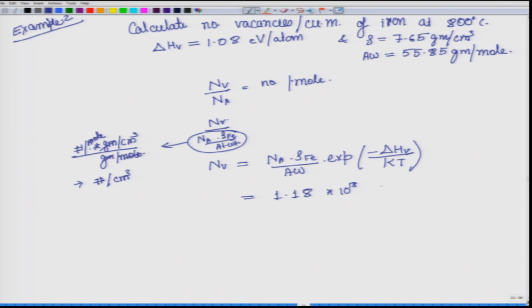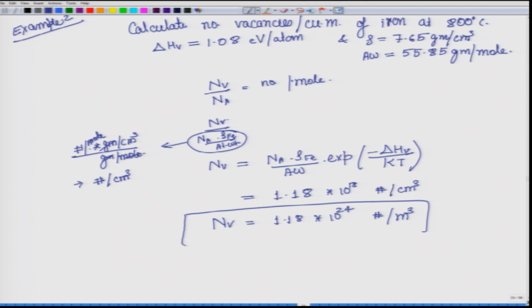And what will be the unit? Like I said, it will be number per centimeter cube. So, this is the same question, but put a little differently. You have to apply yourself to see how to get the correct units, and here we have per centimeter cube, it is still not per cubic meter. So, we will multiply it with a factor of 10 to the power 6. So, it becomes 1.18 into 10 to the power 24, and that will be number per meter cube.